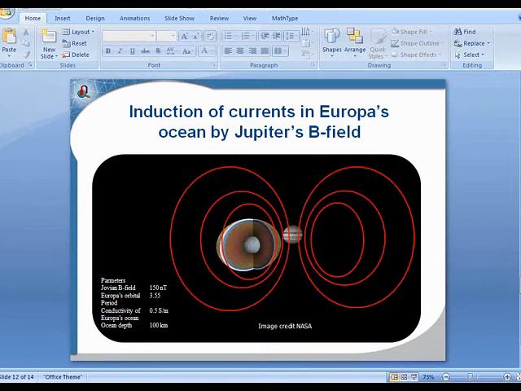Still looking at the Jupiter-Europa system, and this is the induction of currents in Europa's ocean due to its motion in Jupiter's magnetic field. The Jovian magnetic field is approximately 150 nanotesla.